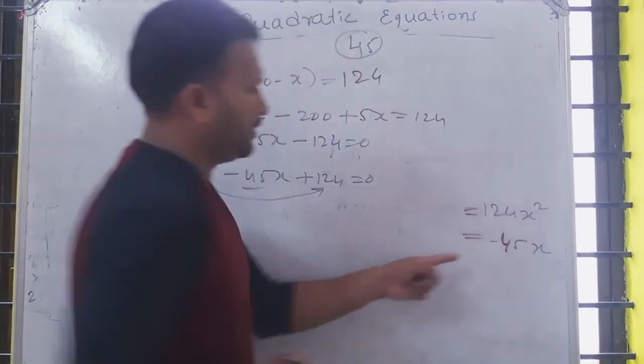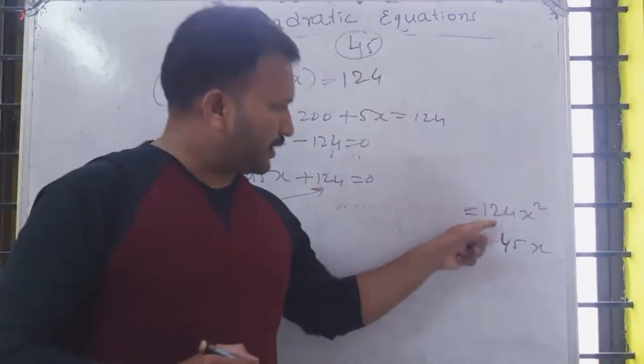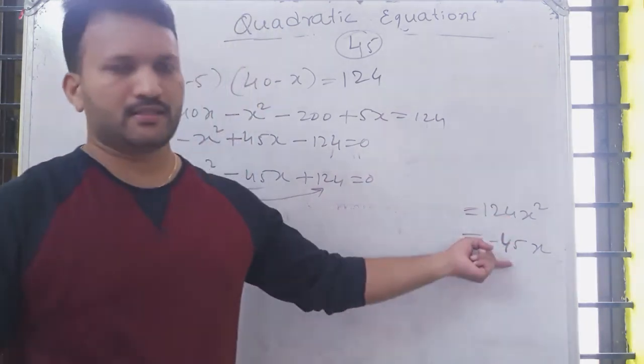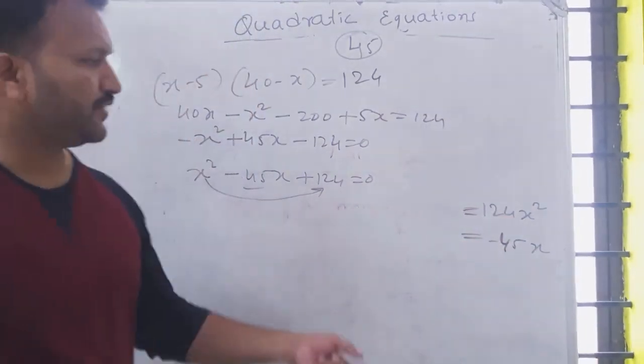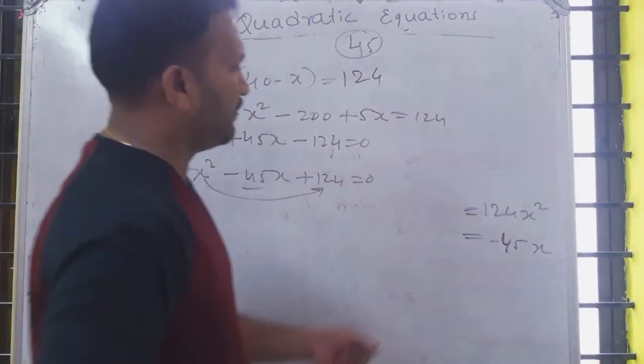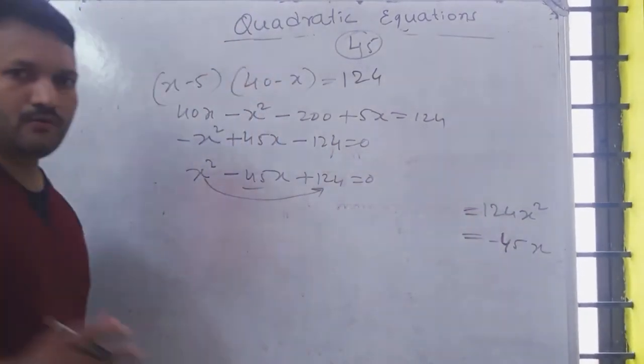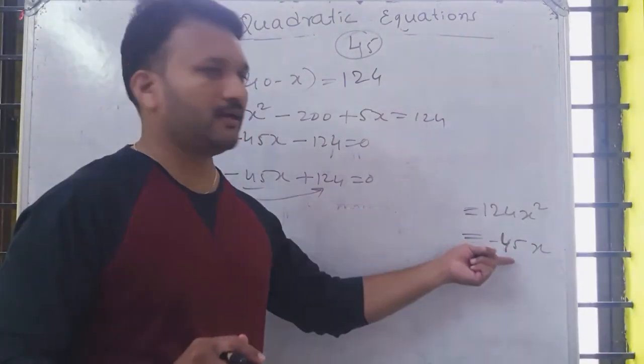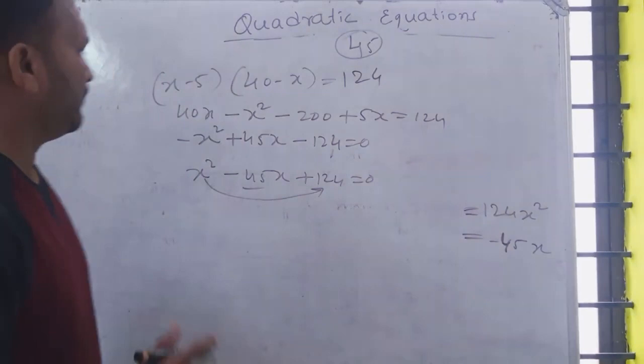So after multiplication you should get 124, and after subtraction or addition you should get 45 with the negative sign. What are those numbers which give product 124 and sum or difference 45?